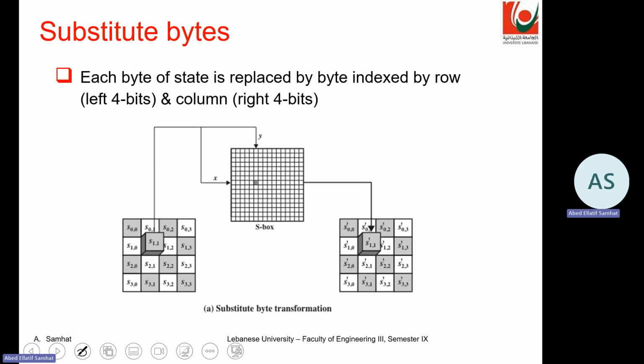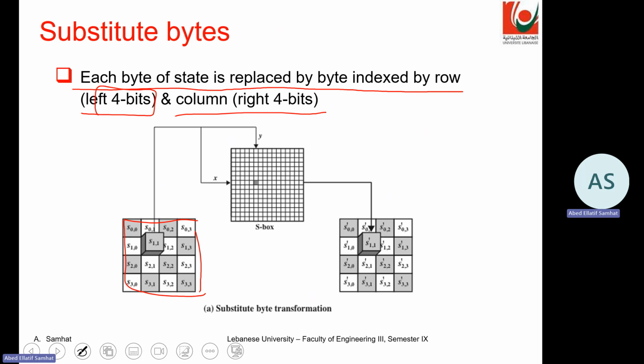We are already aware of what substitution is. In this case, we have a well-defined substitution matrix, and we use this matrix to carry out the substitution on the 4x4 state. Each byte of the state is replaced by a byte indexed by a row, the left 4 bits, and a column, the right 4 bits.